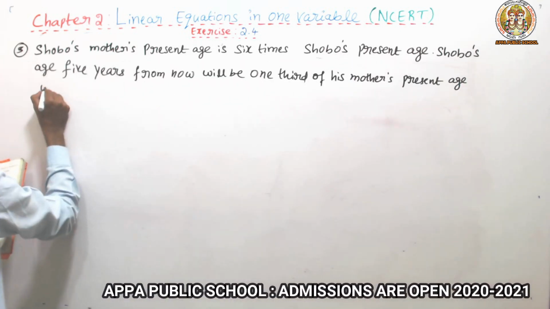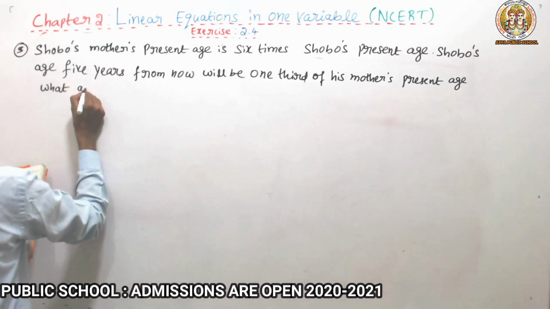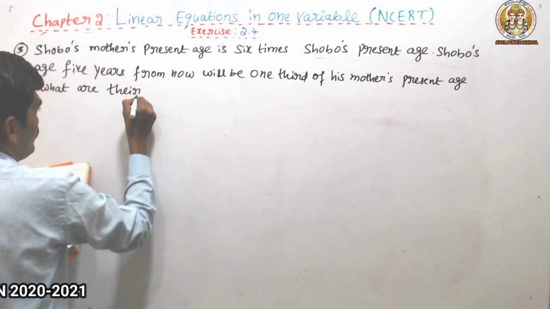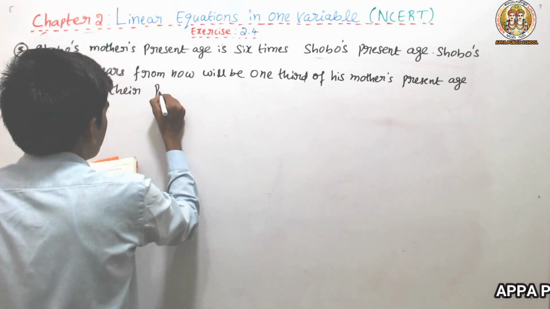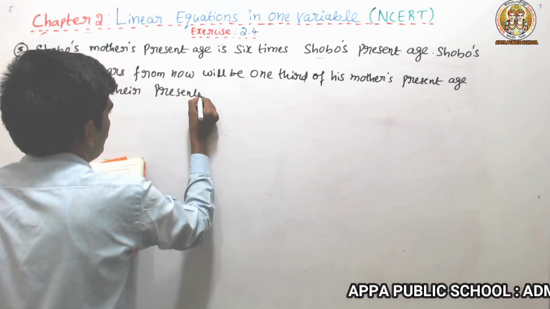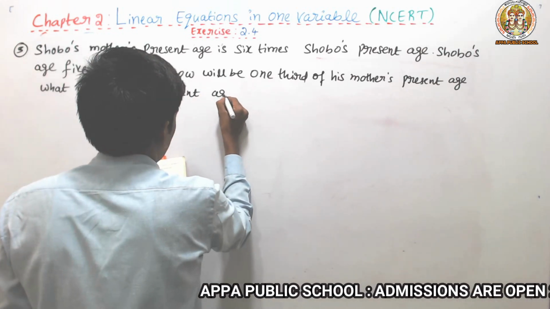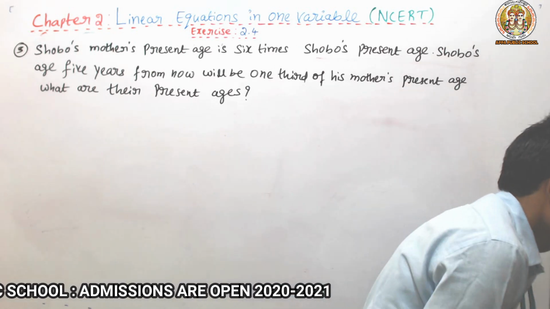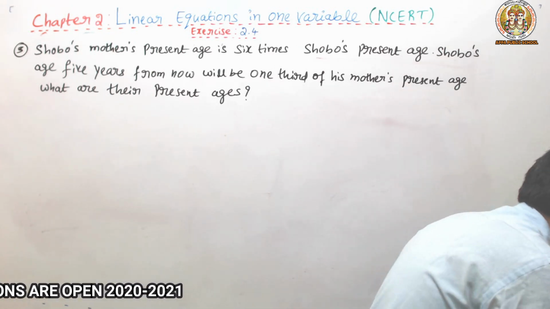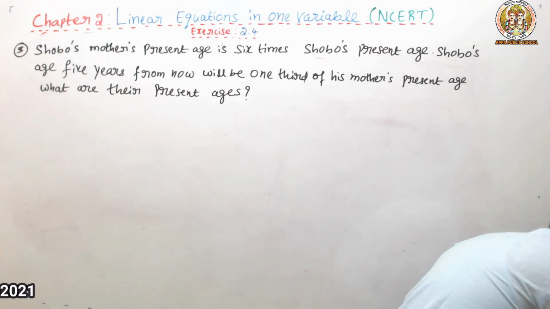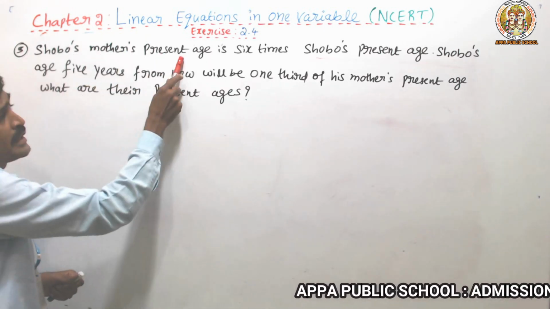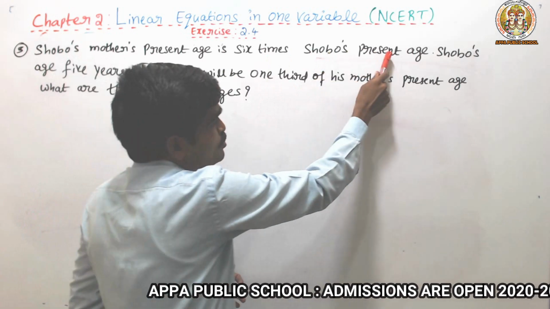What are their present ages? See, my dear students, Shobo's mother's present age is 6 times Shobo's present age.